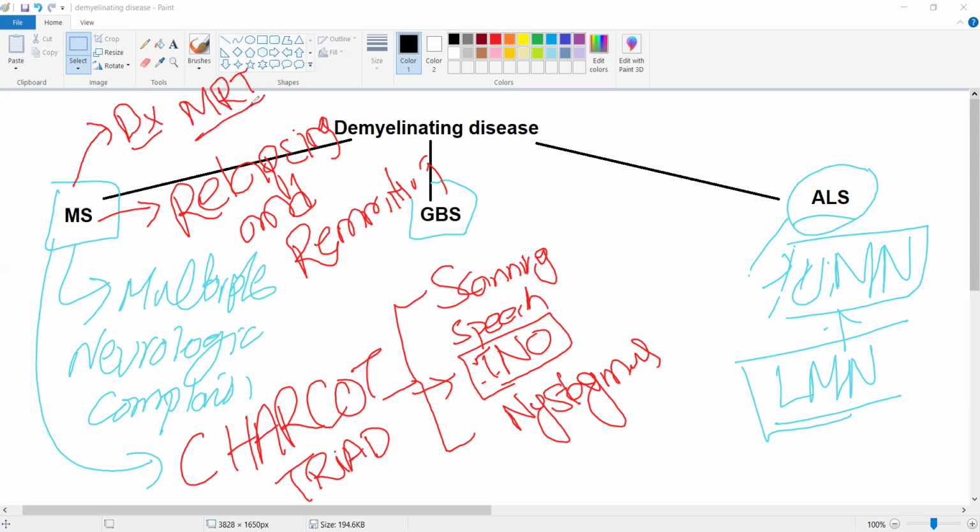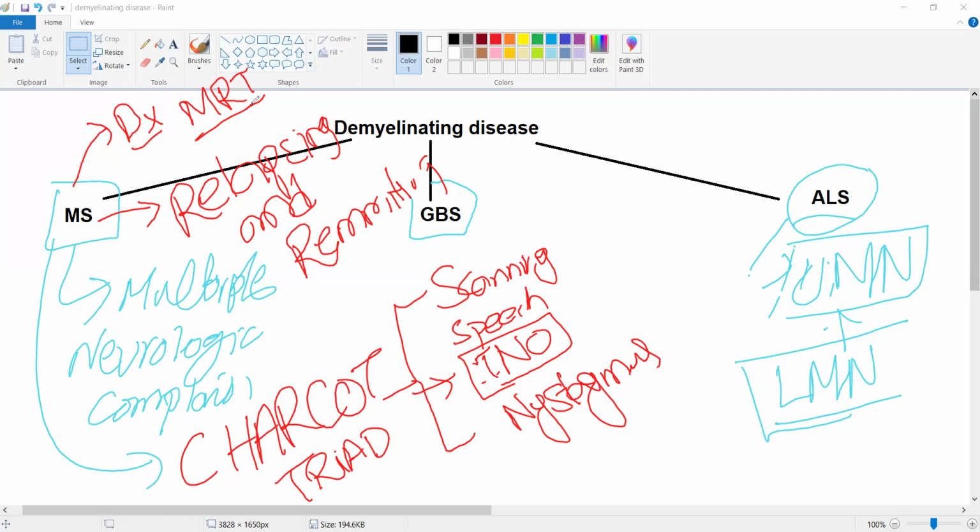You find multiple asymmetric periventricular plaques, particularly in the corpus callosum, right? You may find oligoclonal bands in the CSF, right? So oligoclonal bands in the CSF and periventricular plaques on MRI.